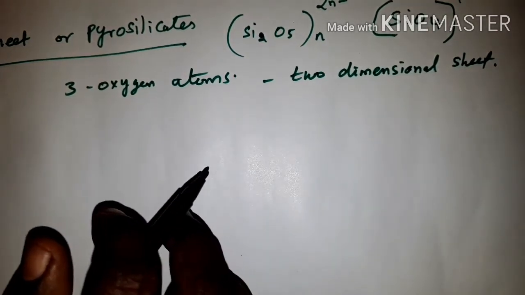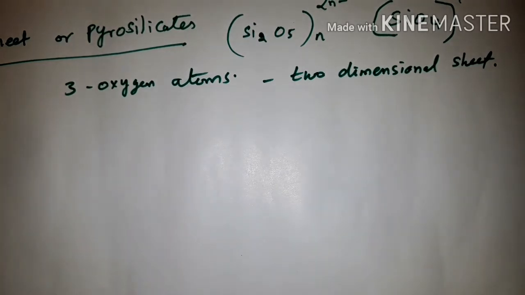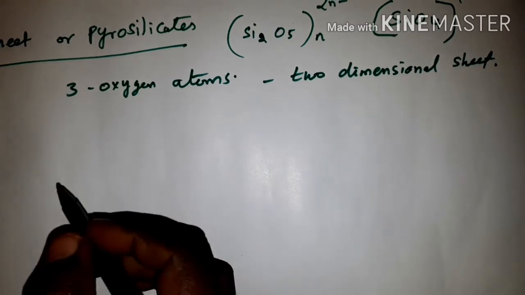So I am going to draw the structure of these sheet silicates. Listen carefully. It's very simple, like chain and double chain silicates.